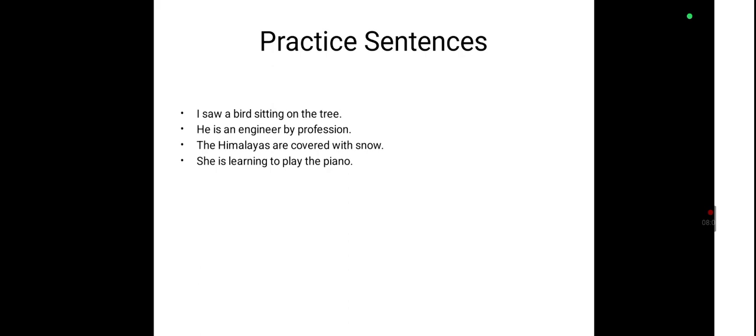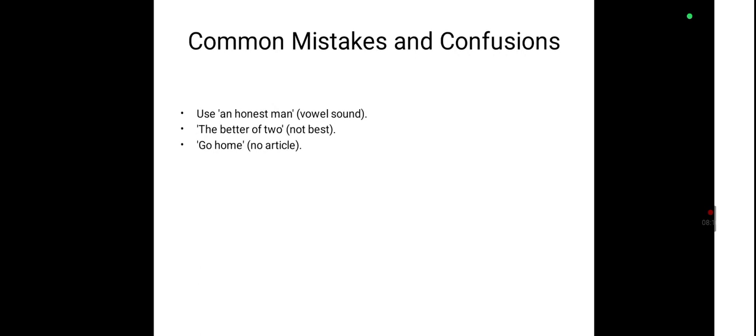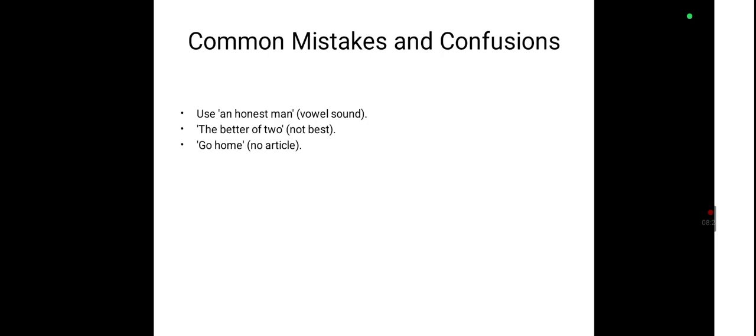And some other special cases and exceptions are adjectives used as nouns, which use the before them: the rich, the poor. And musical instruments: he plays the guitar. Nationalities as a group use the: the French are proud people. For example, when you are using English as a subject or language, you cannot use articles before English.